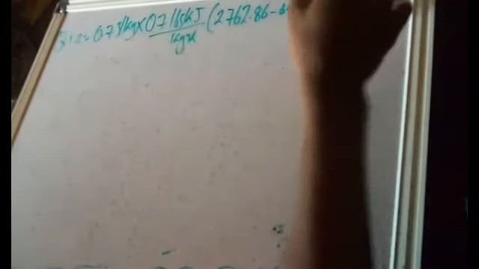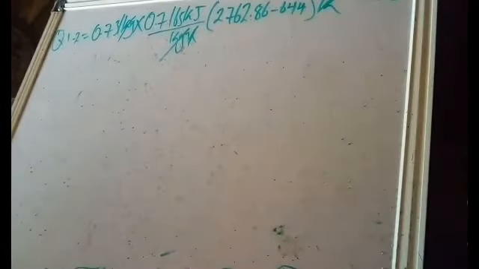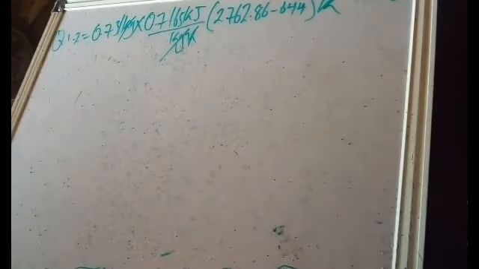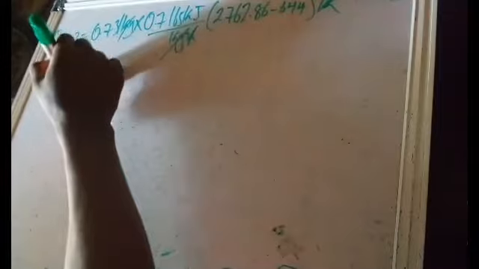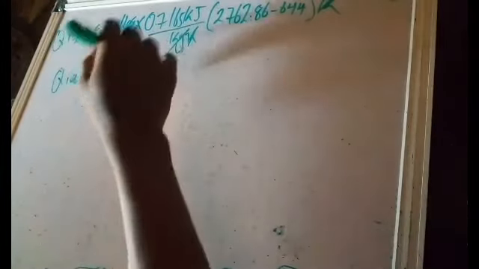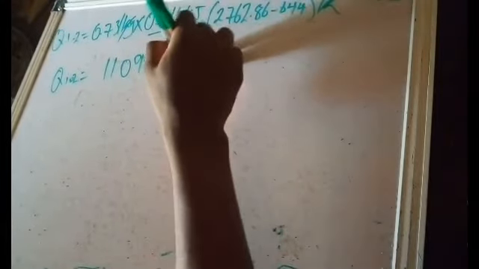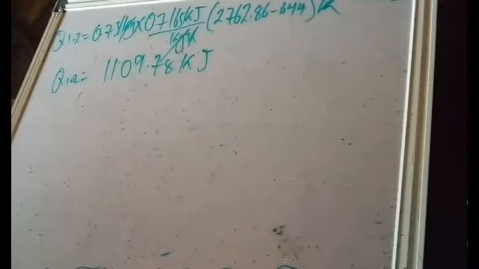For T2 we have 2.86 minus 644, all in Kelvin. Kelvin cancels Kelvin, kilogram cancels kilogram, so we are left with kilojoules. You see how to get the base unit there. So we have 1109.78 kilojoules. We've gotten our Q1 to 2 to be 1109.78 kilojoules.